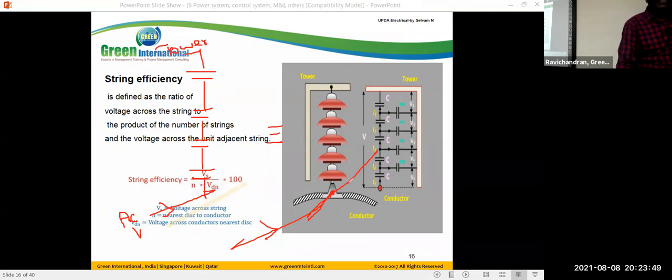So this is the structure. This is the electrical equivalent circuit. Capacitor 1, 2, 3, 4. Four capacitors are there. Assume that all the capacitors have the same value.